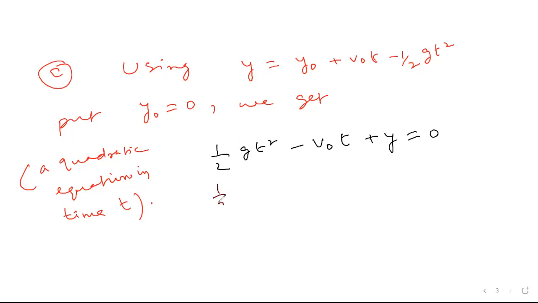It is half, then we have g, which is 9.8 meter per second square. Then I have t square minus v naught t. V naught is the initial velocity, which is 25.2 meter per second times t. What is our y?